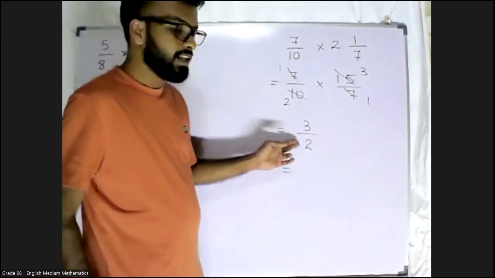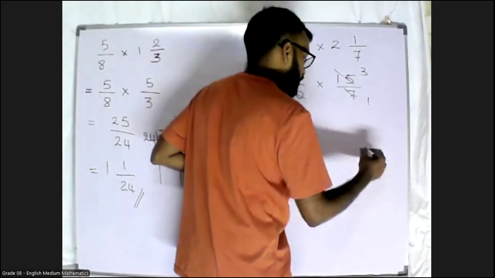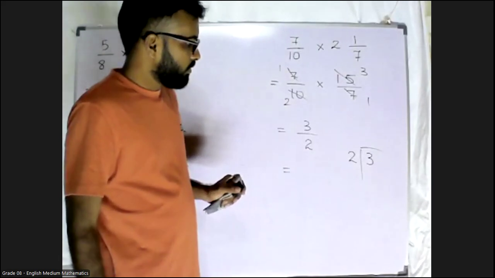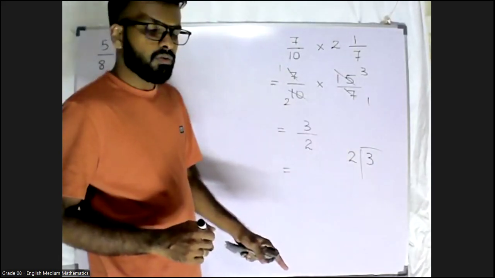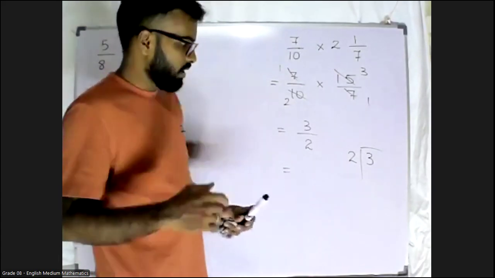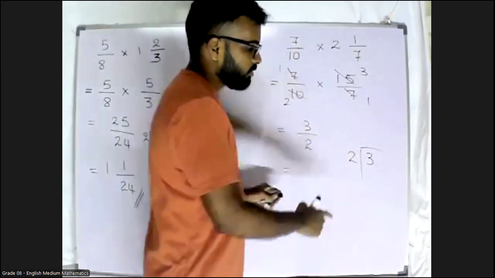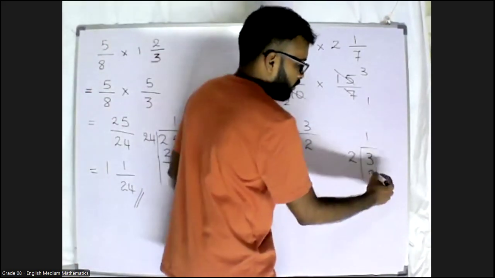This is an improper fraction. So you know how to convert this, right? 3 divided by 2. I am not going to use that method now. I will use this one. How many 2s are there in 3? 1, right? 2 times 1, 2.